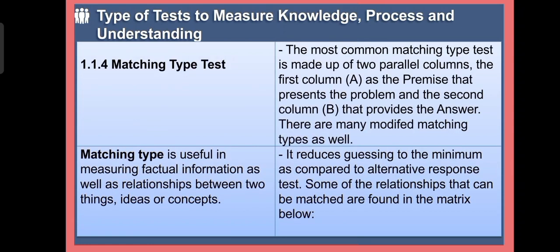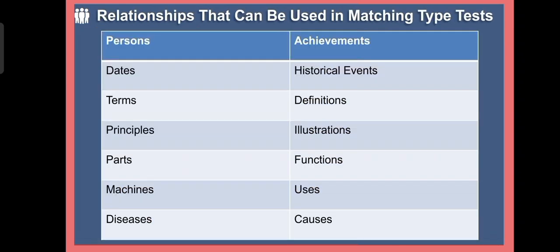Next, the matching type test. These are the relationships that can be used in a matching type test. There are many variations of matching type tests that can be used depending on what kind of information needs to be tested.